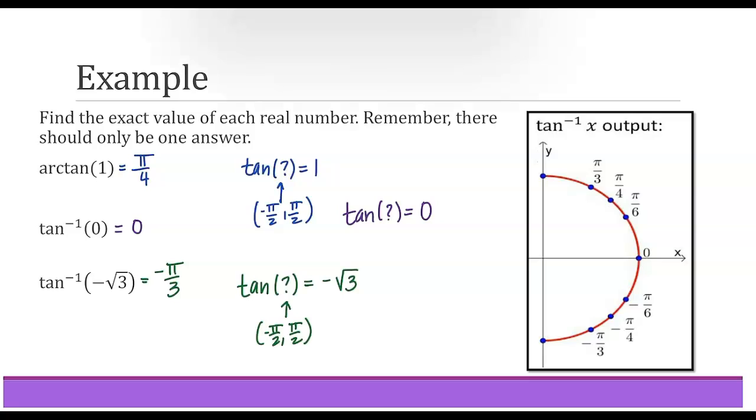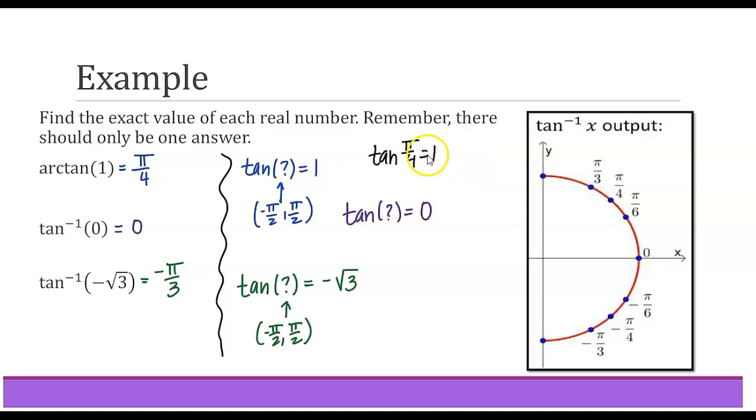Now, just to summarize and recap here, this work on the right-hand side has been scratch work. And these values, arctangent of 1 equals pi over 4, are really a matter of evaluating trig functions in reverse. In other words, it partners with the thought that tangent of pi over 4 equals 1.